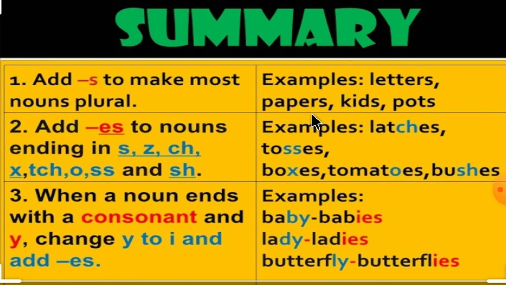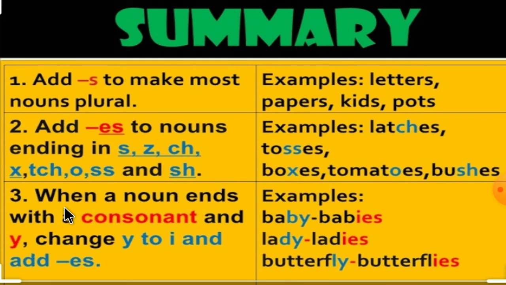Then add es to nouns ending in s, z, ch, x, tch, o, ss and sh. Examples: latches, tosses, boxes, tomatoes, bushes.